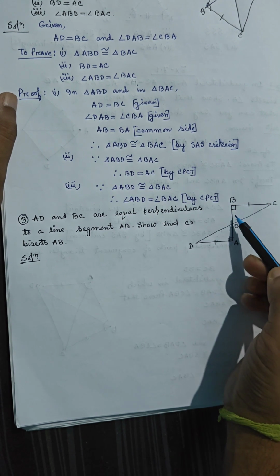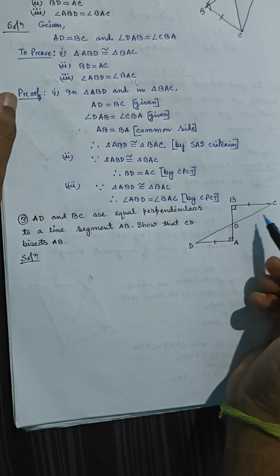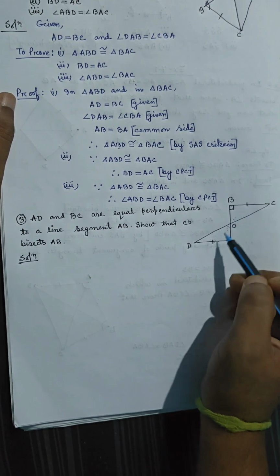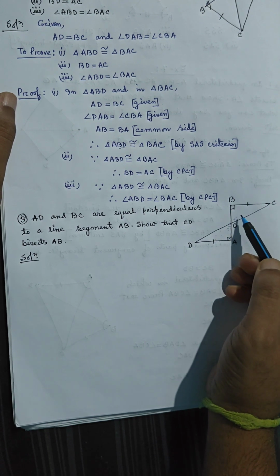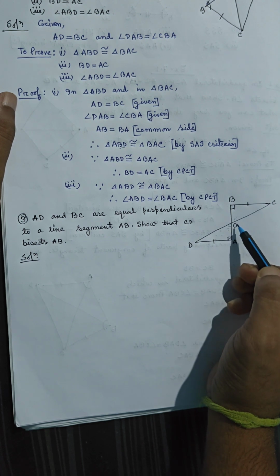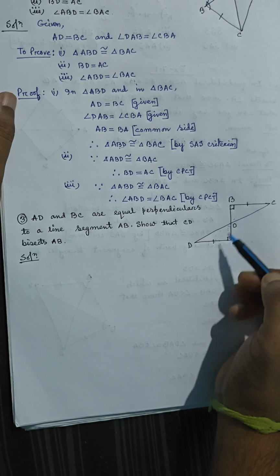OA and OB are equal. If we can show OA and OB equal, then only we can say CD bisects AB. For that we have to show these two triangles are congruent. If we can say these two triangles congruent, then only we can say their corresponding sides are also equal, that is OA and OB.